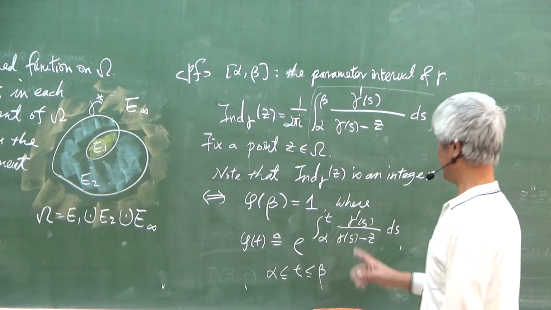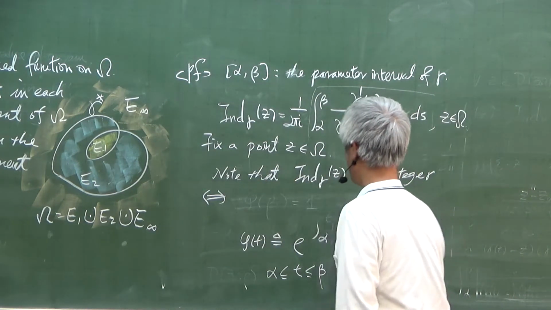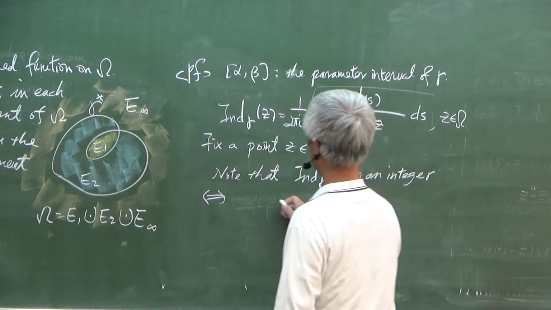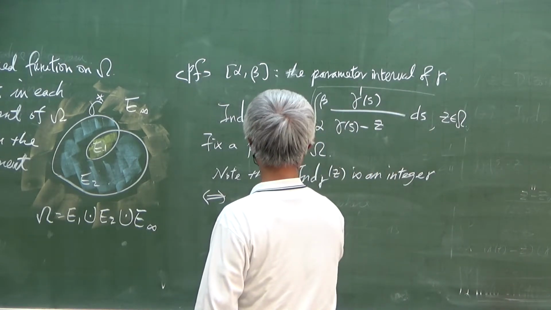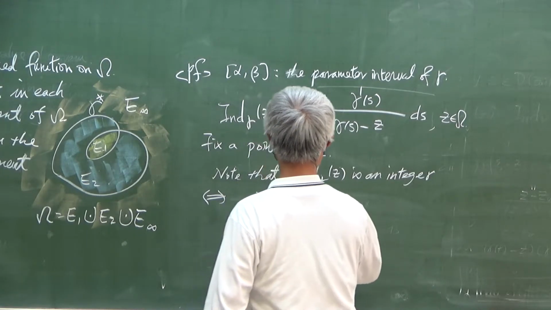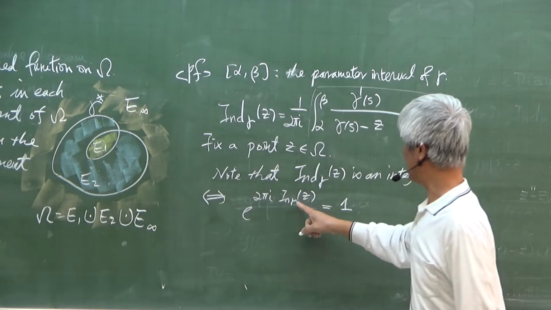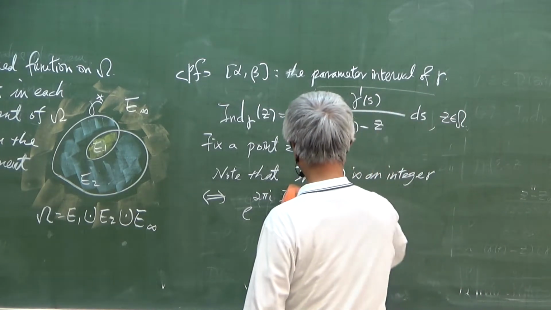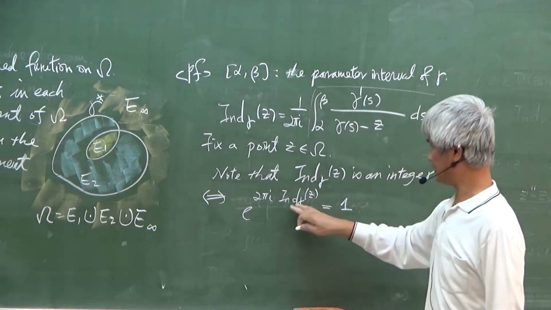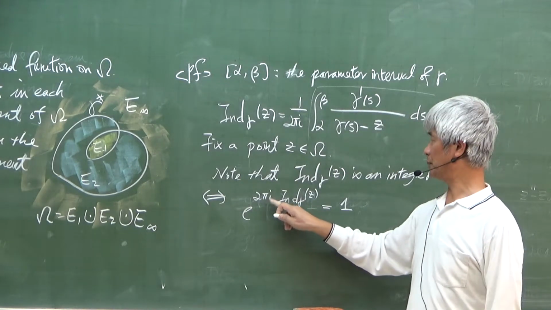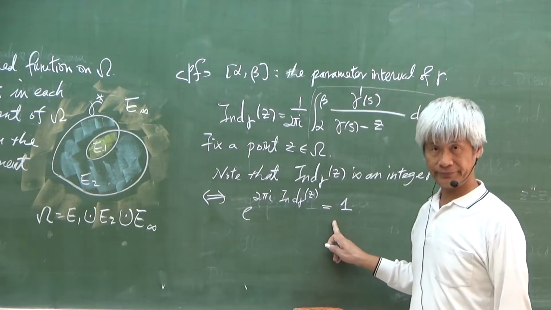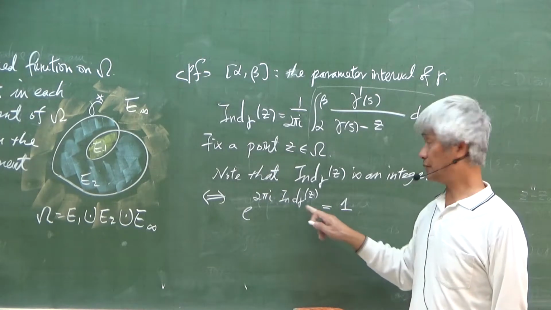Maybe it is too rushed, so let me elaborate. If the index is an integer, then exponential of 2 pi i times the index is equal to 1, because we know that 2 pi i times any integer number, the complex exponential value is equal to 1.